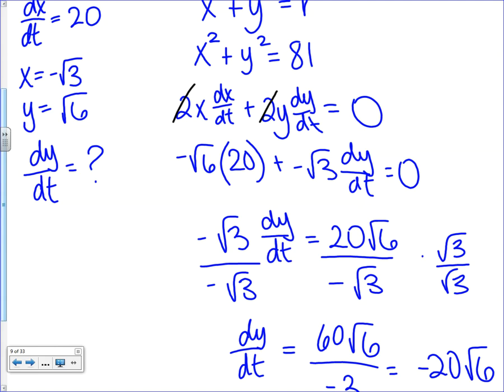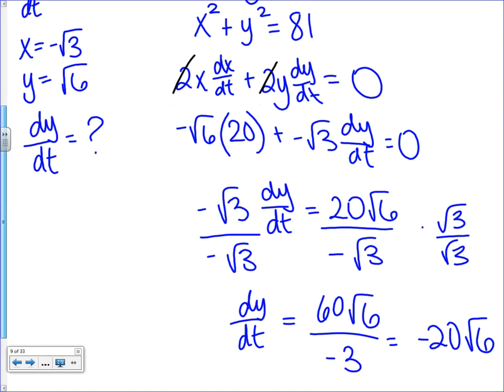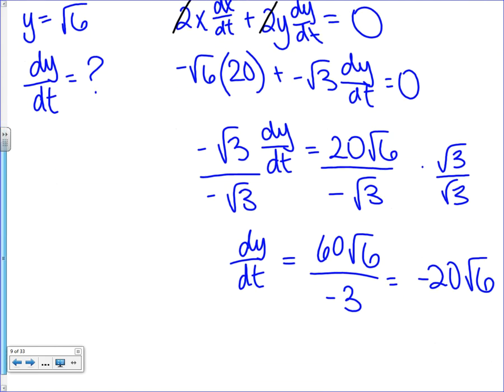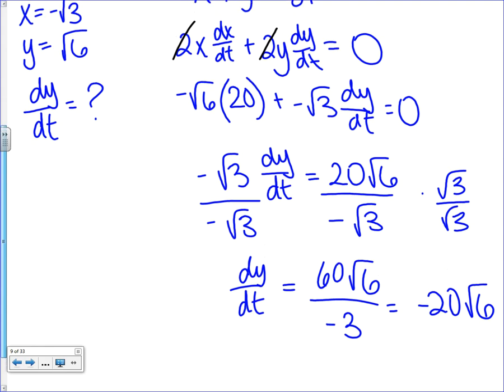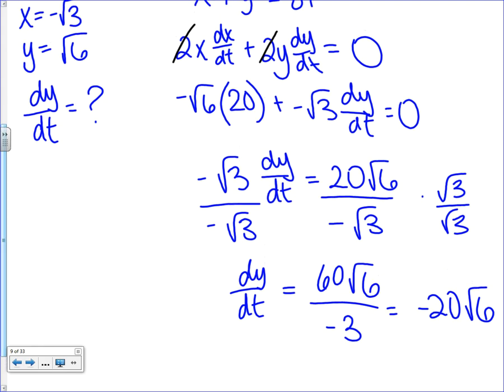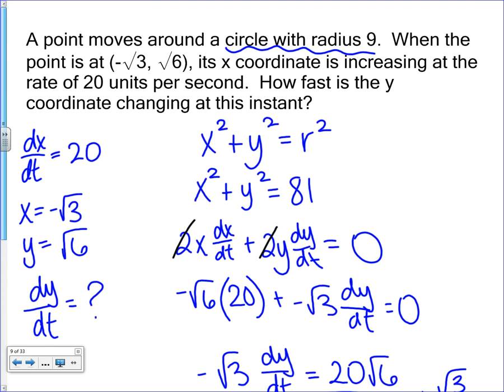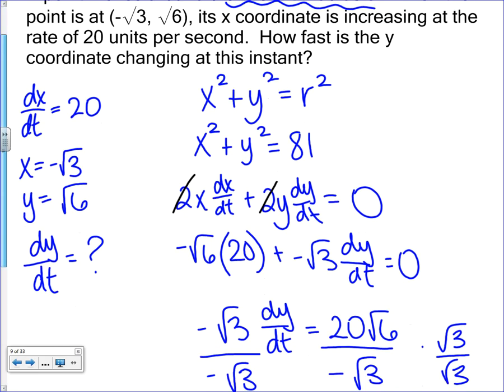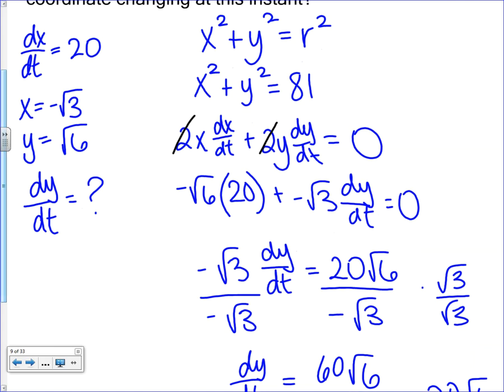I have my answer should be 10 radical 2. Oh my goodness. Oh no, that's still okay. Oh my gosh. Hopefully you caught me on this one, guys. I put my x and my y coordinates in the wrong spot.